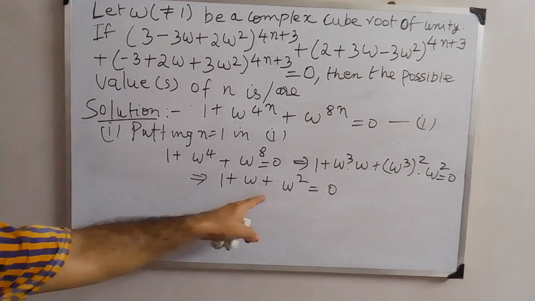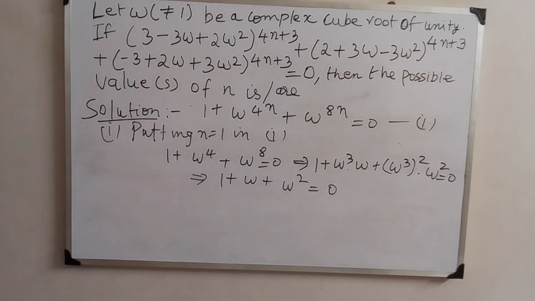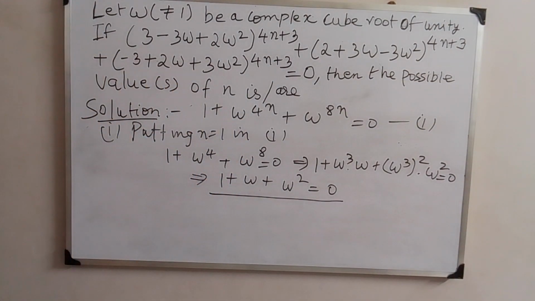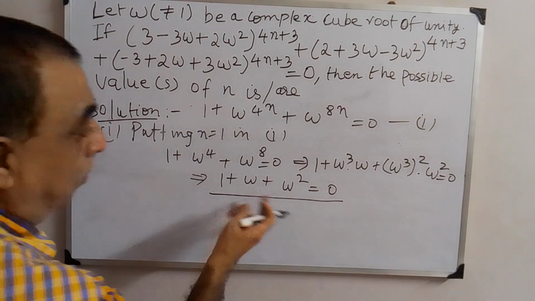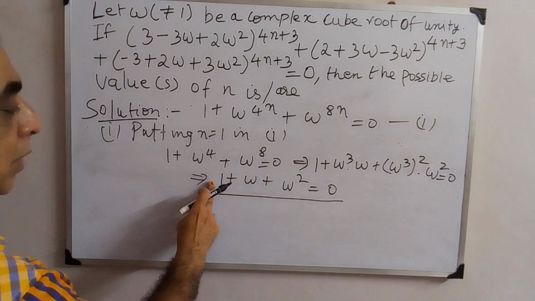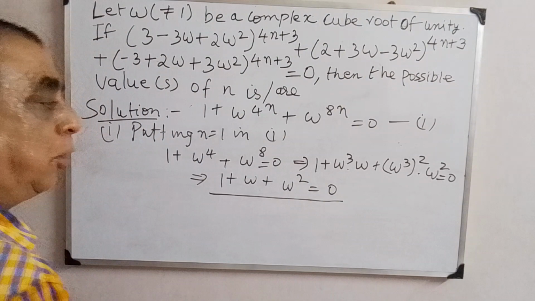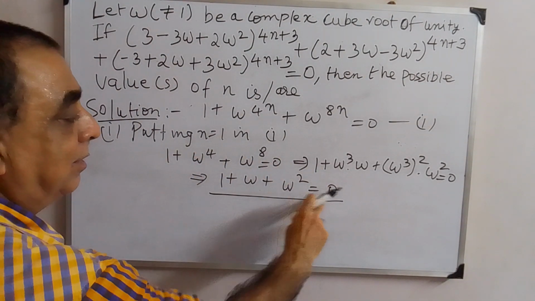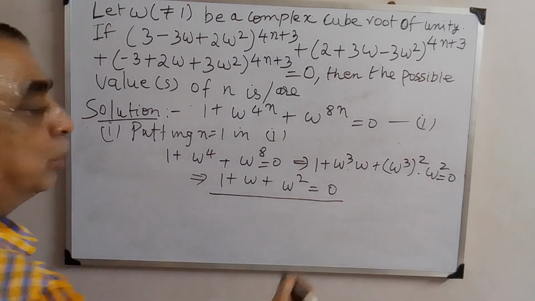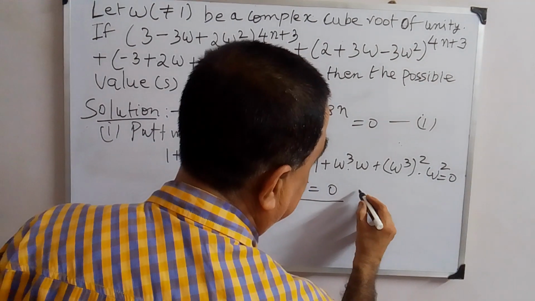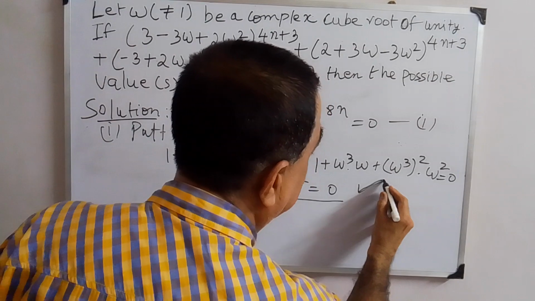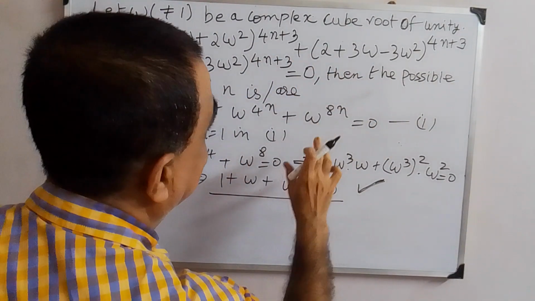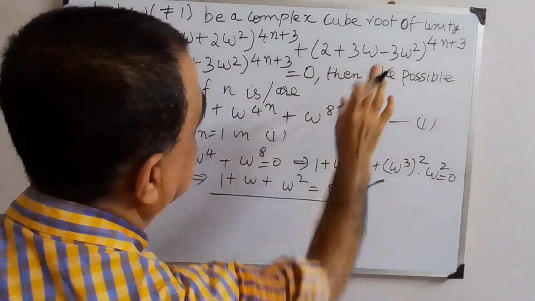So we are getting 1 plus omega squared is equal to 0, and this is the property of the complex cube root of unity, that 1 plus omega plus omega squared value is always 0. So by putting n equals 1, we get this expression equal to 0, so the n value is satisfied. So n equals 1 is a value of n which will satisfy this equation.